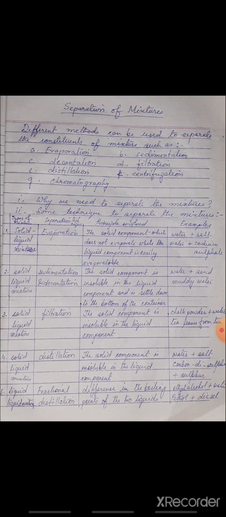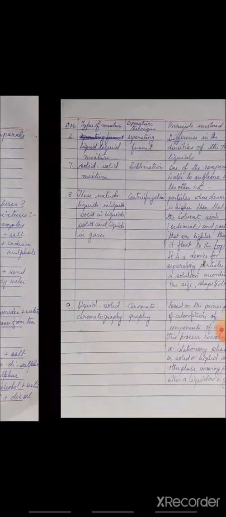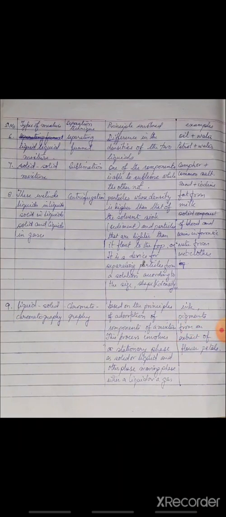In the separation technique I have used evaporation, sedimentation, decantation, filtration, distillation, fractional distillation as well as separating funnel, sublimation, centrifugation, chromatography. All the types of mixture, separation technique, principle involved and examples I have already given. So please go through these principles which are very, very important.